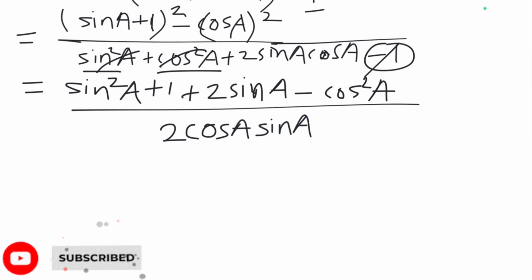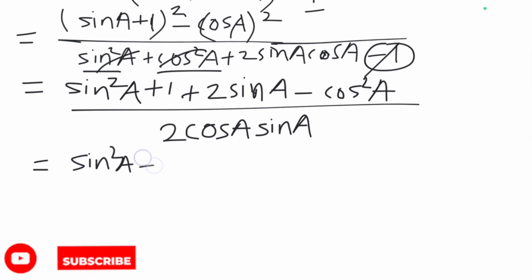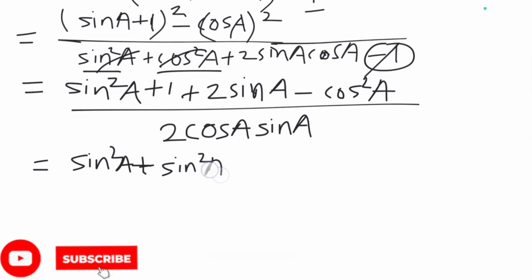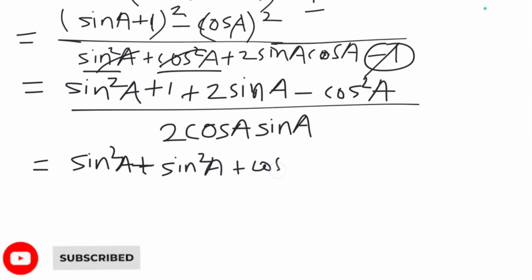Again here we know that sin square A is here and again plus 1, and it is cos square A. Can I write this plus 1 as sin square A plus cos square A? Yes, I can write it sin square A plus cos square A. That is the first fundamental identity.